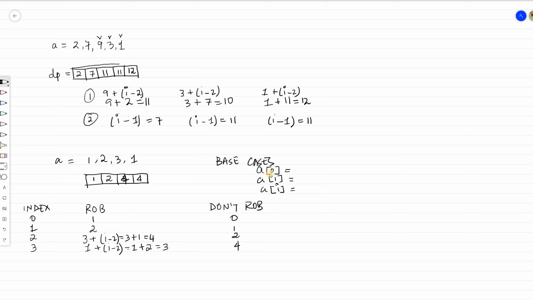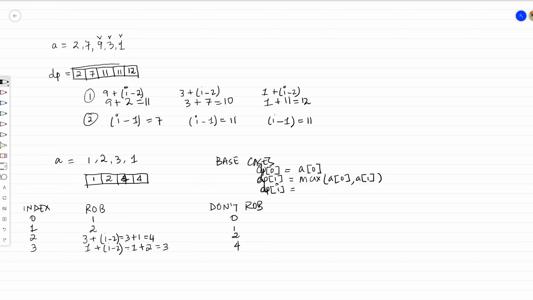A0 has no choice either to rob it or to let it go. Letting it go will always yield me 0, and since the problem says that it has all positive integers, it is best to take it. Just for sake, I'll change this to DP. I will not call this A because A is my input array. So the best value is A0. And for the first index, we will consider the max of A0 and A1.